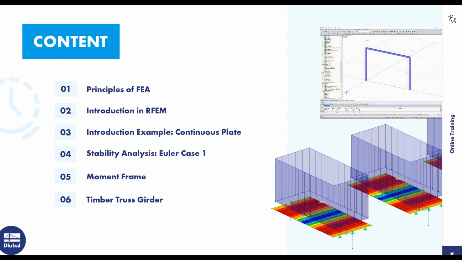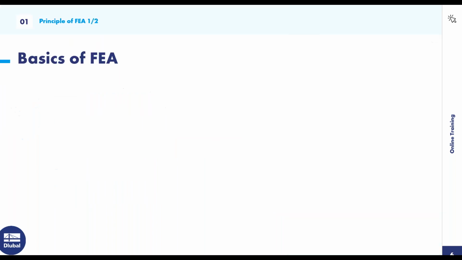After that, we'll do a stability analysis example called Euler case 1, and then we'll convert that example into a moment frame. The last example will be a timber truss girder. With that said, we can jump into going over the basics of FEA.